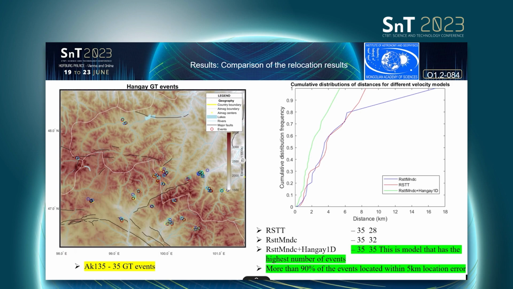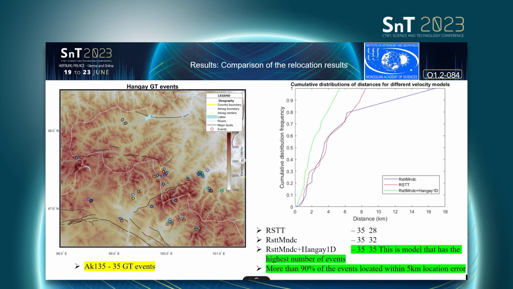Then when I relocated with RSTT MNDC, 32 events were relocated. And then relocating with RSTT MNDC plus Hangay 1D, all events are relocated, and this is the model that has the highest number of events.